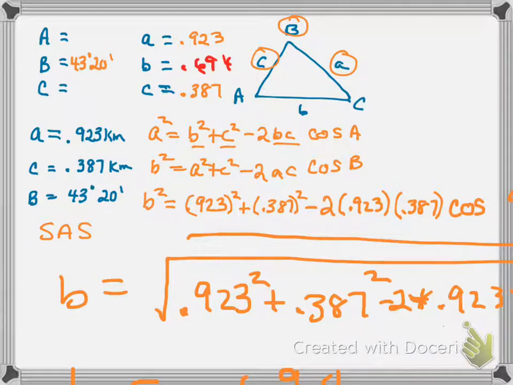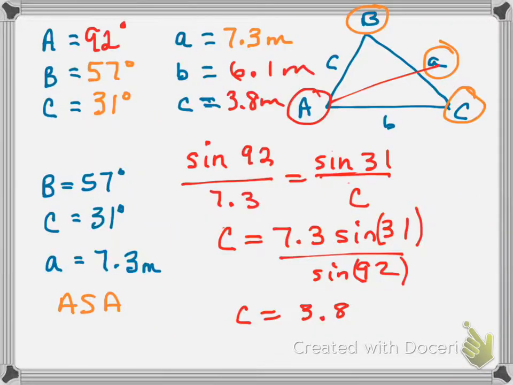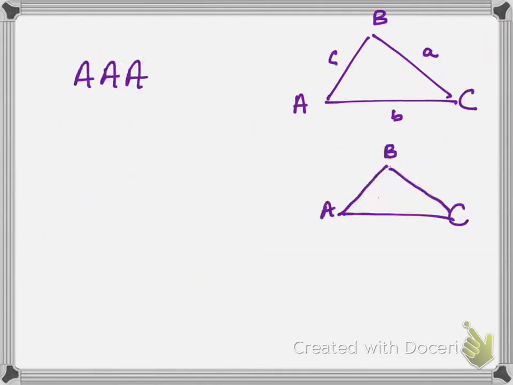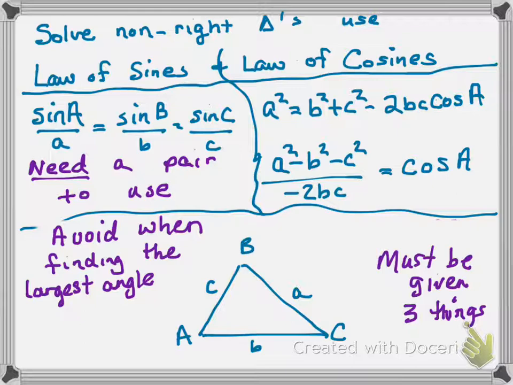And so the nice thing about that, to make that look a little better, is now we have a pair. So now that I have a pair, it's okay for me to go and use the law of sines. Now, one thing to remember about law of sines is you always want to avoid law of sines when you're finding the largest angle.